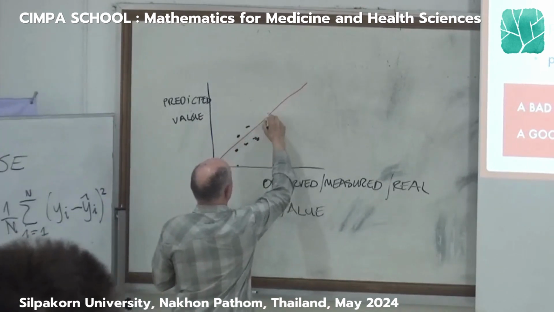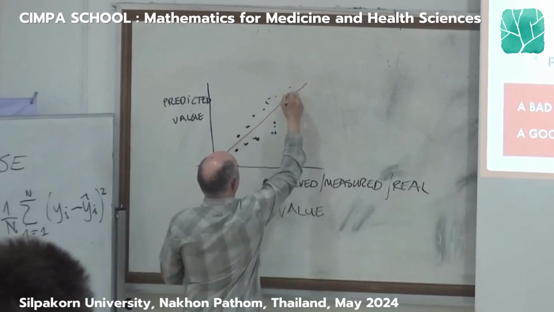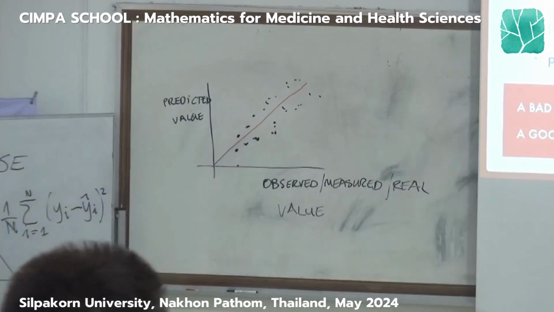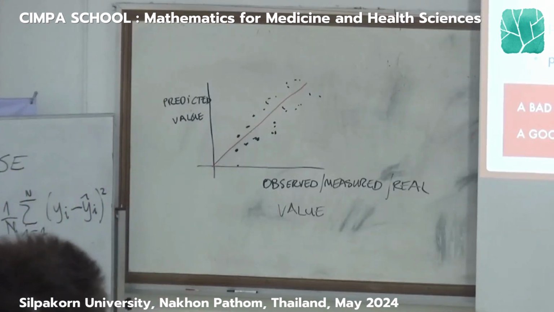It might be more or less spread. These are points, and that gives you a scatter plot or a cloud of points, which enables you to some extent to evaluate, without looking at the value of the MSE or the MAE or the R squared, which can be good or bad.